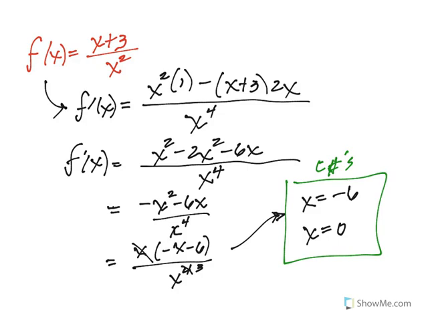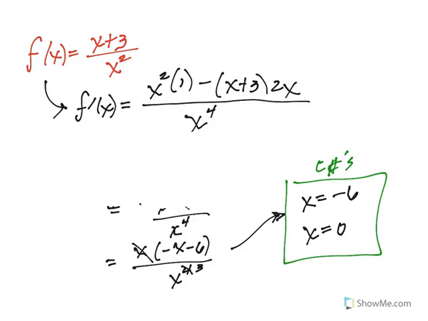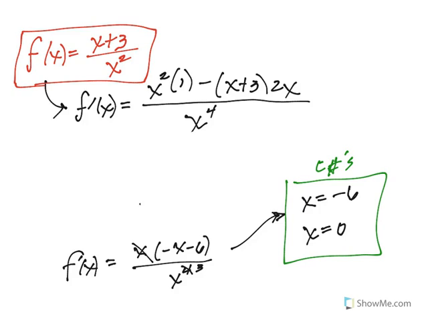Now what you'll do is, let's make some room here. I'll take my critical numbers and I will use my first derivative to determine where this original function is either increasing or decreasing. And if you recall, the first derivative is in fact a slope machine.